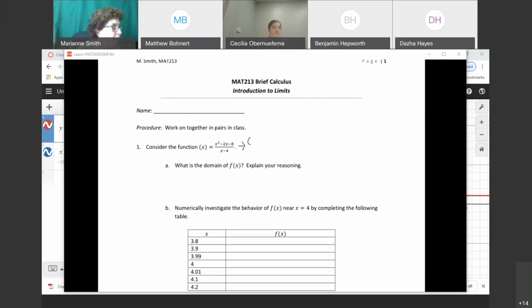But just in case you're good with factoring, it tends to make things a little faster. You can see this is a rational function. I have the same factor in my numerator and denominator, so I know I have a hole.